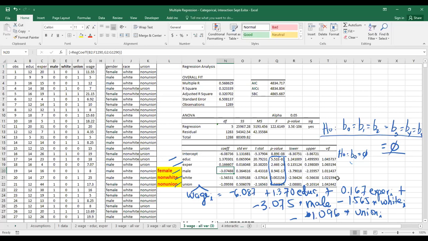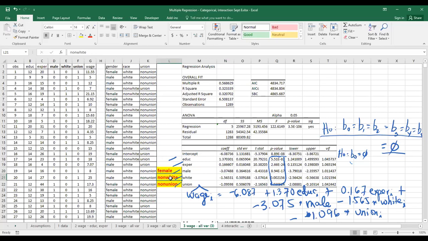Yun ang gamit ngayon ng benchmark natin. Kasi dito male na nga ang benchmark natin, mas nakakalito yung pag-interpret. So females on the average receive $3.07 less than their male counterparts in terms of hourly wage, ceteris paribus.